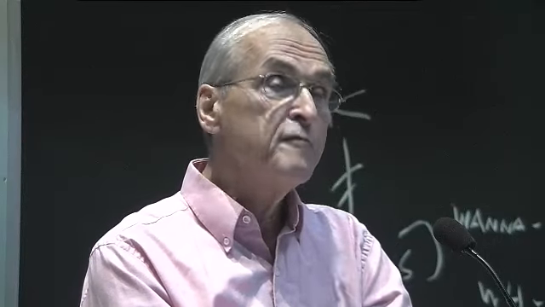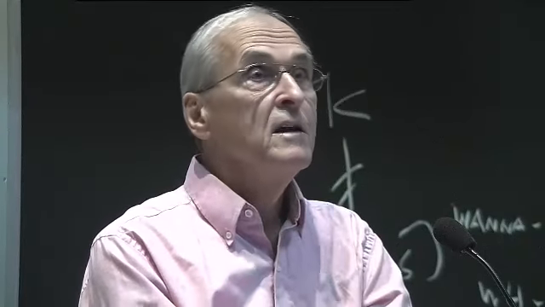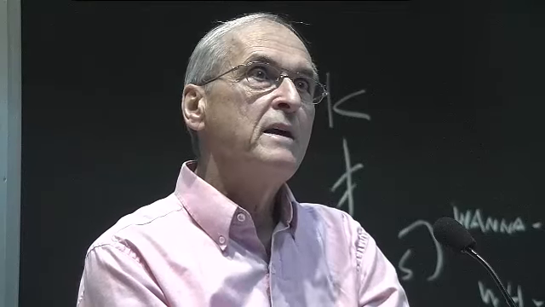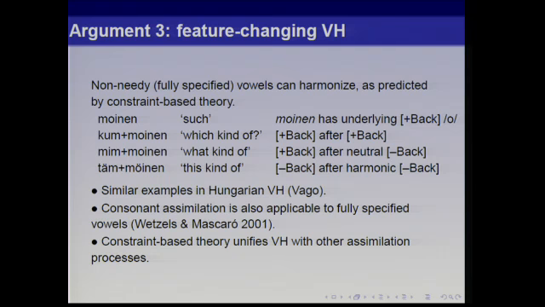Then we do have feature-changing vowel harmony, so a vowel has to be needy even though it's fully specified. For example, moinen, which means such, when it's used as a suffix, as in kummoinen, mimmoinen, tämmöinen, harmonizes, as you can see in the last example. So how does it get to be needy?